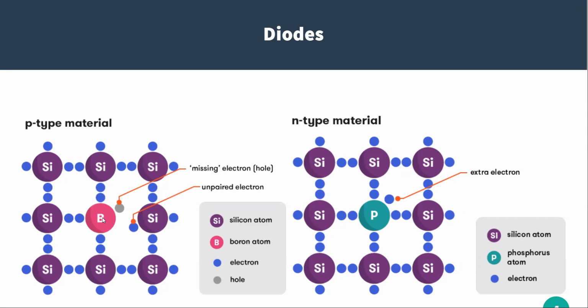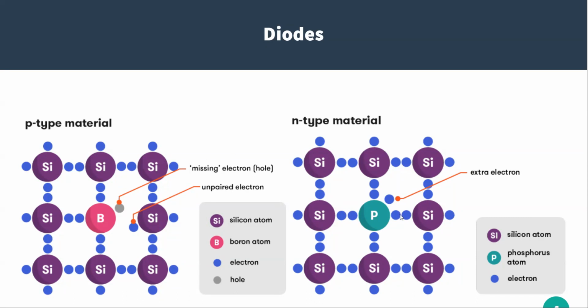In this case, we're using boron. And boron only has 3 valence electrons. So when you add those into the silicon crystal, you wind up with these gaps, or a hole, which makes it have essentially a positive charge. That's why I call it P-type material.